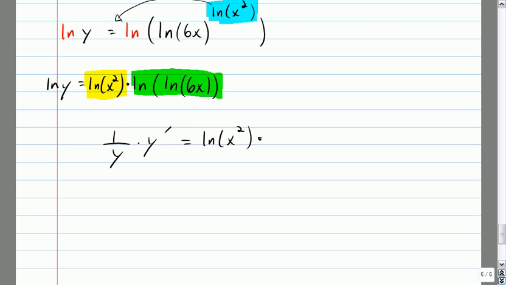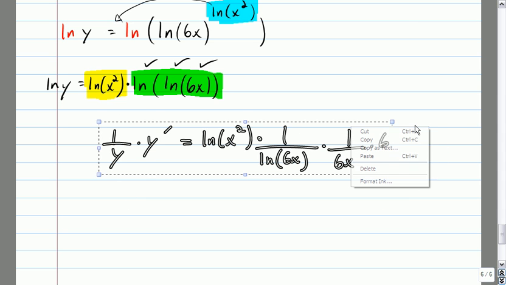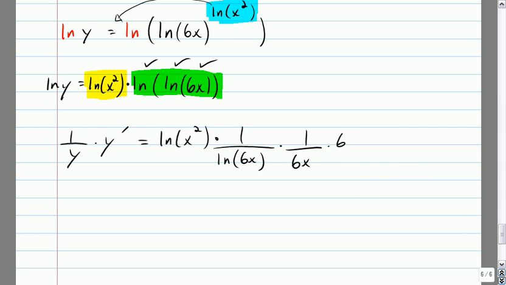Outside in, I'm going to go. The first natural log, I get 1 over the whole guts there, natural log of 6x. The next inner is natural log, so 1 over 6x. The next inner is 6x. We better make some more room. So I've got the yellow times the derivative of the green.